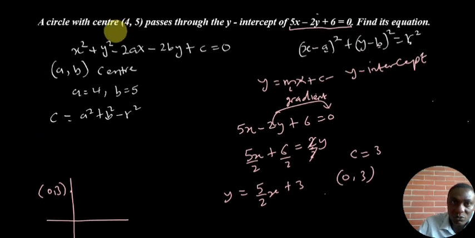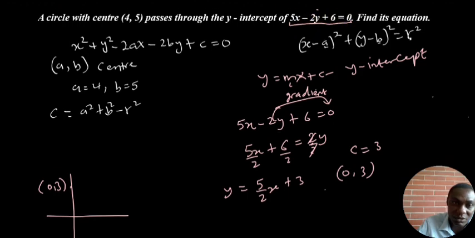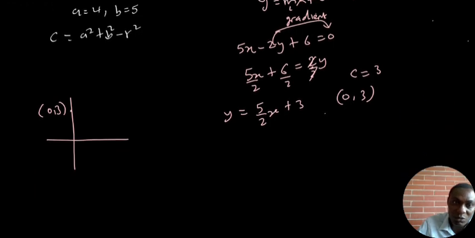So the circle is centered at (4, 5), and it passes through the y-intercept. So I'm going to draw the circle, just a sketch. Okay, and this is the center of the circle, (a, b). So you notice that there's a straight line that passes through this. That gives us the radius.